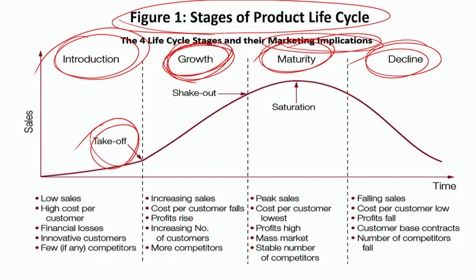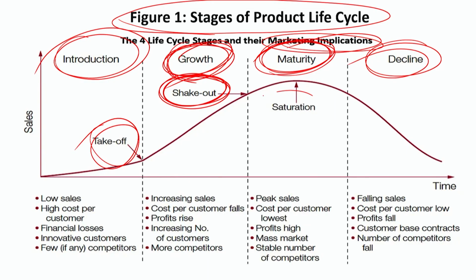That's why there is low profit, and negative sales can be there, due to lack of information and knowledge, as it is new to the market. The growth stage is characterized by shakeout, because the customer base is rising and information is expanding. You have identified your target audience, and they are starting to accept your product and services.